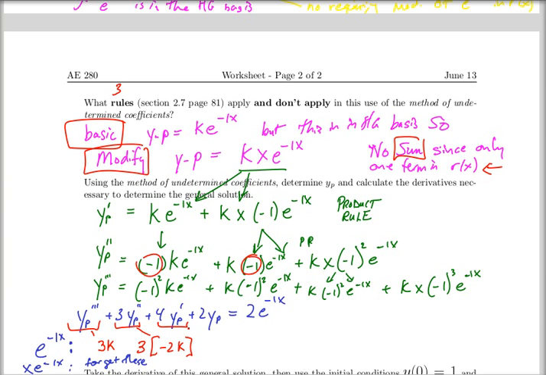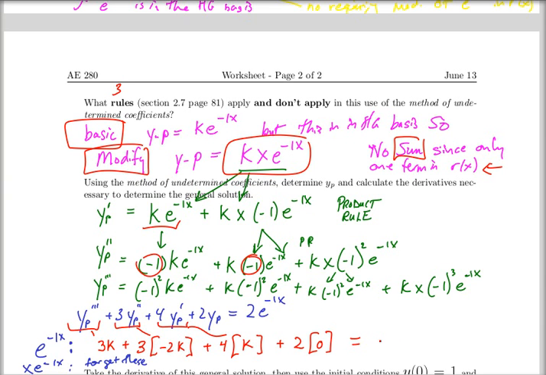And from this part, I've got 4 times k, and then the 2 times the original thing, that's actually going to be nothing. There is no just e to the minus 1x term there.